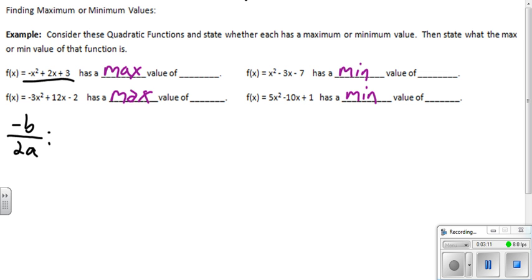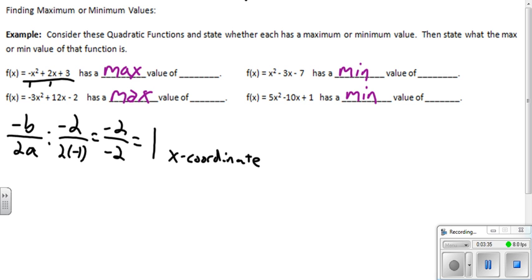So in the case of our first function, negative b will be negative 2, over 2a, which is 2 times negative 1, in which case we have negative 2 over 2 times negative 1, which is negative 2 over negative 2, which means the x value is going to be 1. So this is our x coordinate of the vertex. We need to use that value of 1, plug it back into our function to find the y value, or the y coordinate of our vertex.